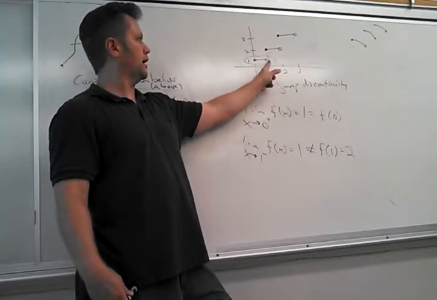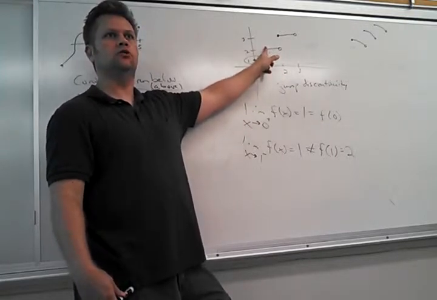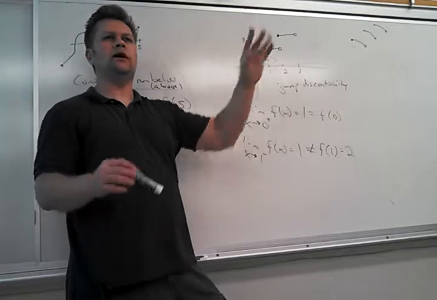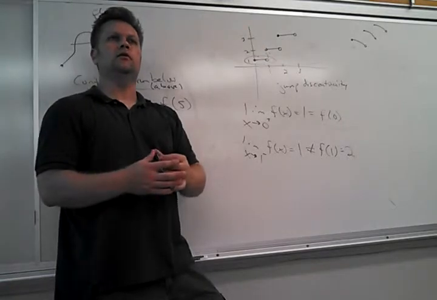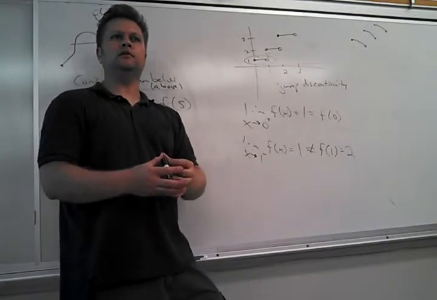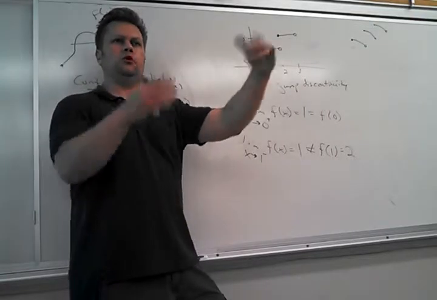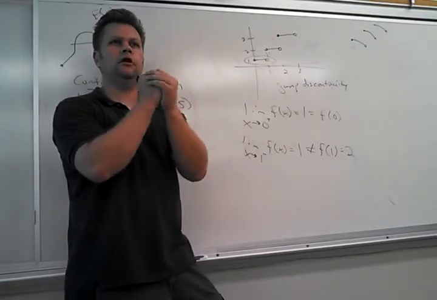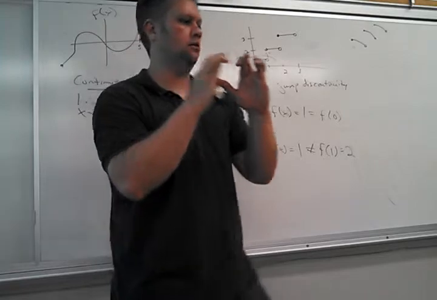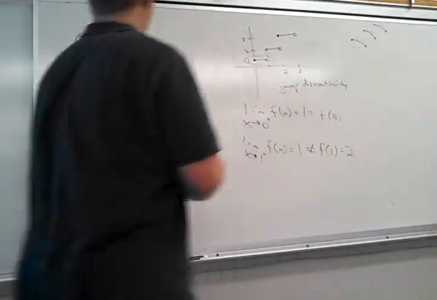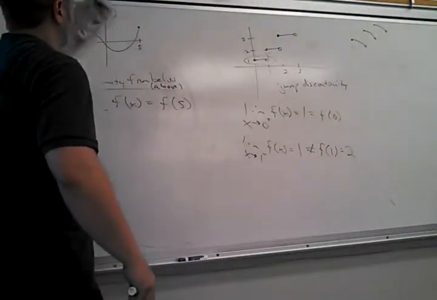But at 1, what does it actually get to? 2. So there's no 0.99 discussion in this. Continuity is built off of limits, and limits don't go to 0.999. What it looks like it's going to, and then you have to check that it's actually what the function equals there.